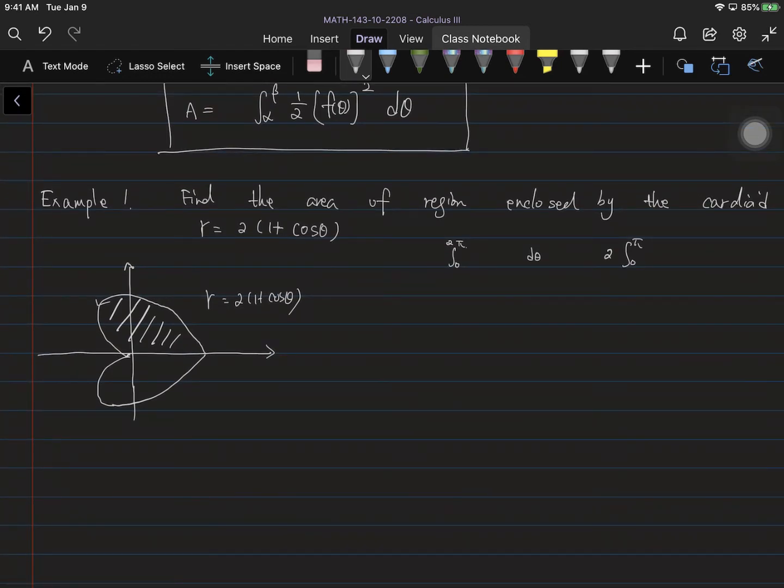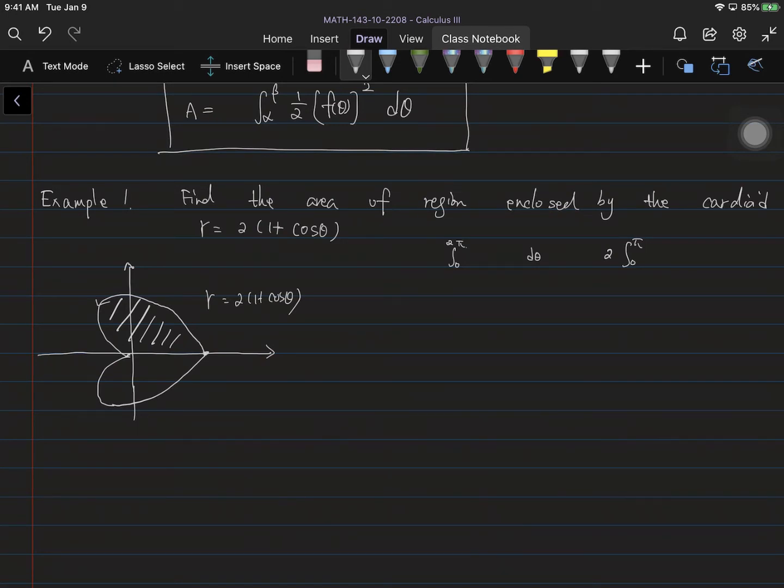When we draw the graph, we start from here, 0. So we start from this point, and when it gets to 2 pi, it comes back to here.